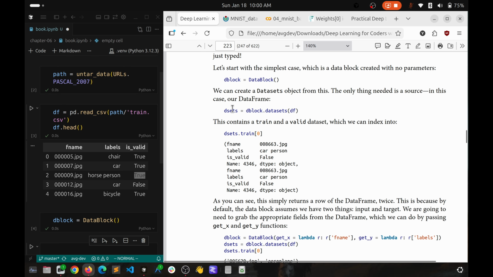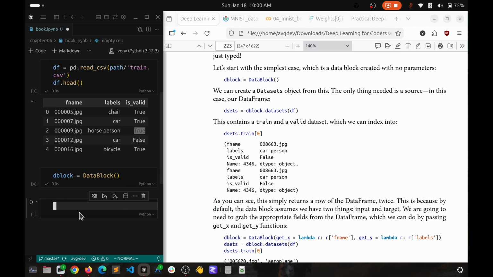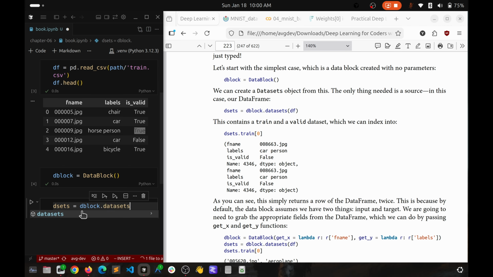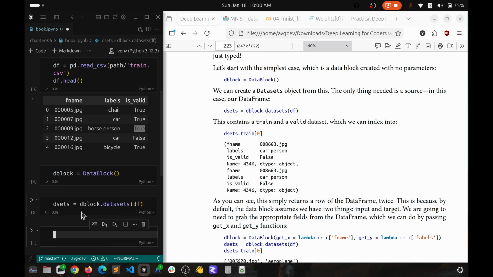So the datasets is from this pandas data frame: dsets equals dblock.datasets. We're going to create a dataset from a data block object using our data frame.